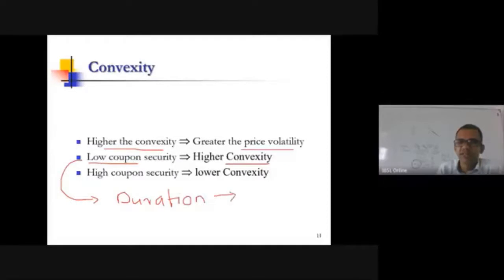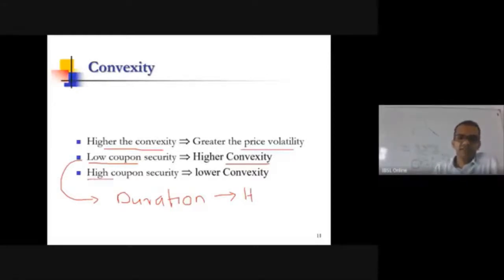High. Yes, correct. When the coupon is low, you get very small cash flows. To recover your investment, you need a longer period. So the duration is high. You can think in that way, or you can go back to the equation and see the relationship.